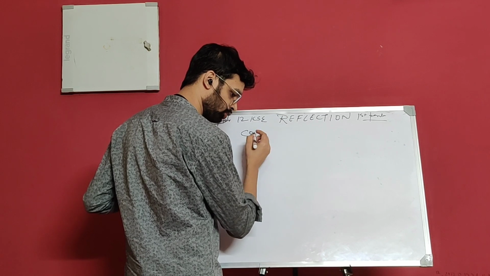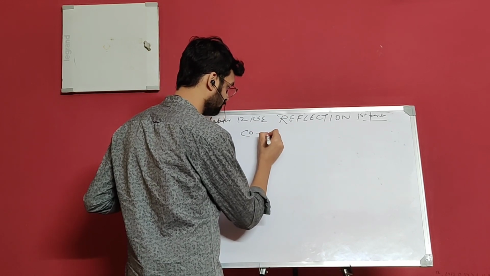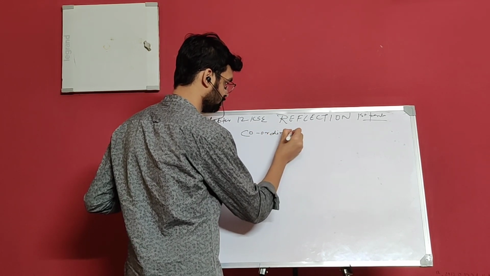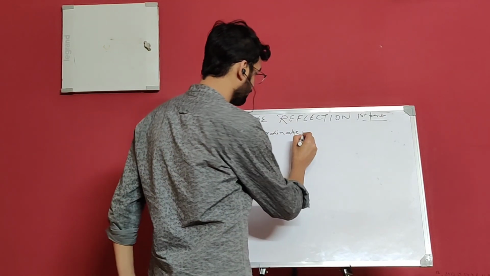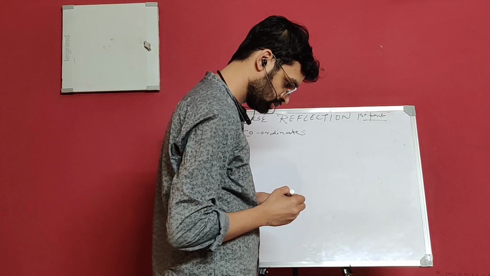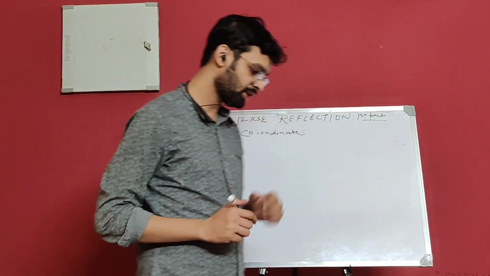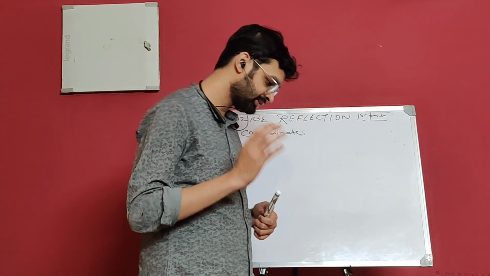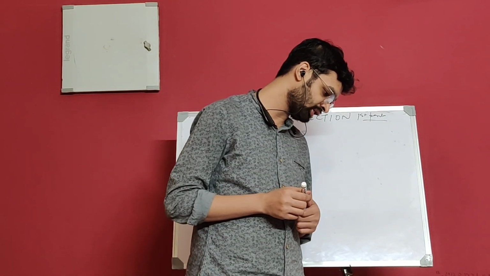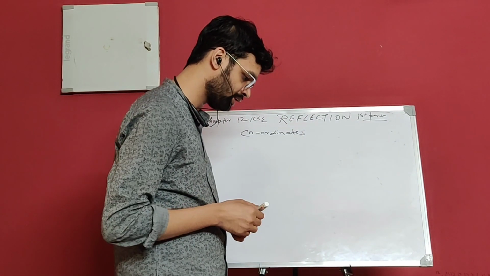I discussed coordinate axes. Now, what are coordinates? Coordinates are points in a plane expressed as a pair of two numbers, one concerning the x-axis and the other concerning the y-axis. They are known as coordinates.